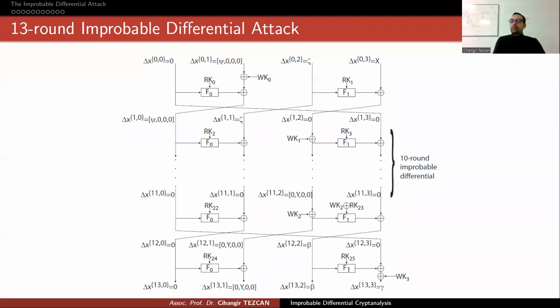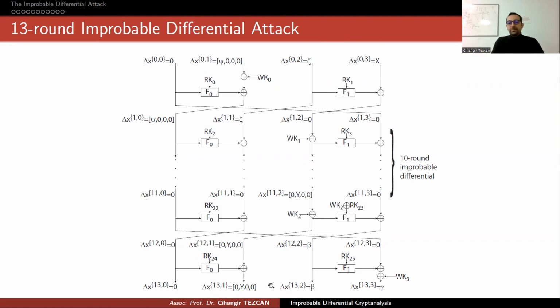So when I gather all of those pairs, what I do is as follows. In order to see that this difference is observed, I have to partially encrypt this 1 round, right? So in order to do it, I have to see that this difference cancels this one so that this becomes 0. In order to do it, I have to guess round key 1.